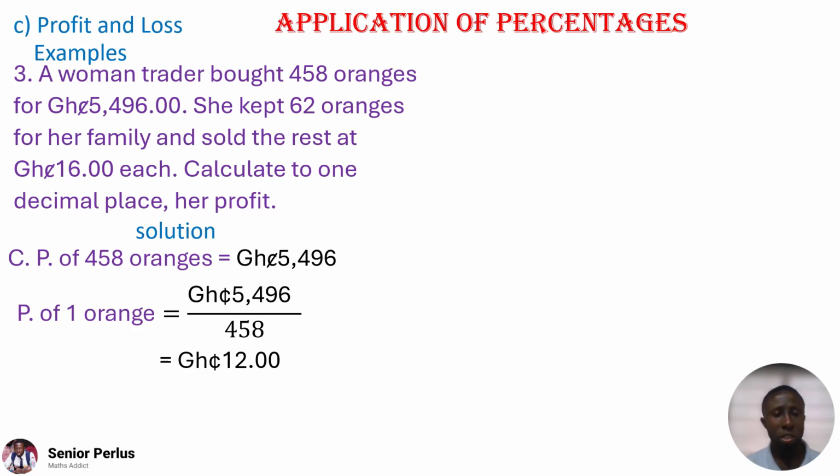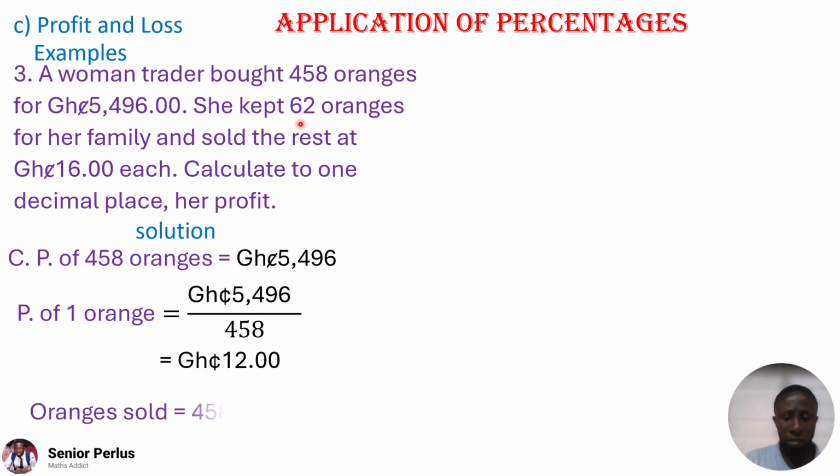Then the question continues. She kept 62 oranges for her family. Wow. So she kept 62 and sold the rest at 16 Ghana cedi. How many oranges did the person sell at 16 Ghana cedi? We don't know. So for us to know the rest of the oranges, since the woman bought 458 oranges and kept this for the family, you have to deduct, find the difference between the oranges.